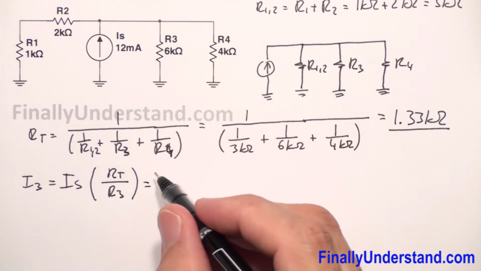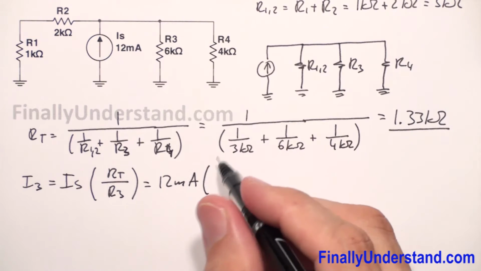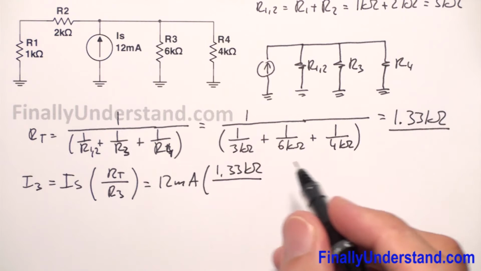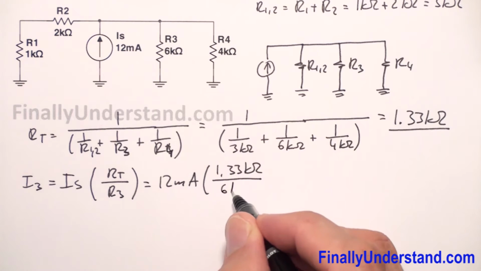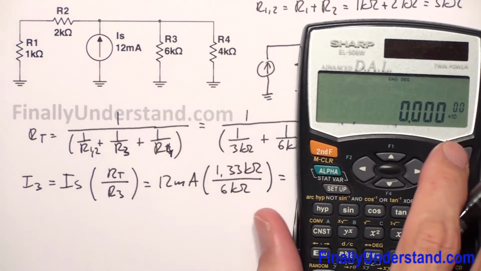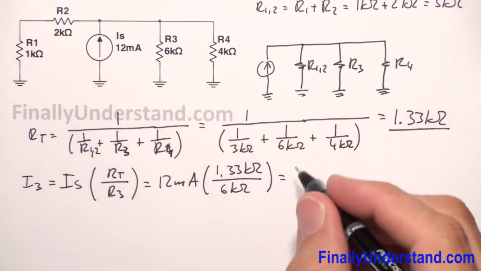So this is equal to I source, 12 milliamps, times R total, which is 1.33 kilo ohms, over 6 kilo ohms. This is equal to 12 times 10^-3 times 1.33 times 10^3 divided by 6 times 10^3. This is equal to 2.66 milliamps.